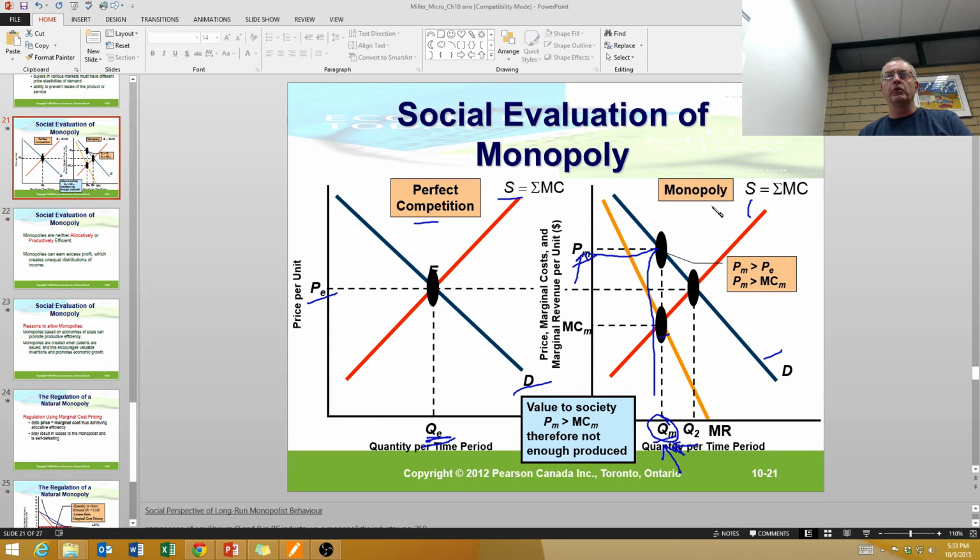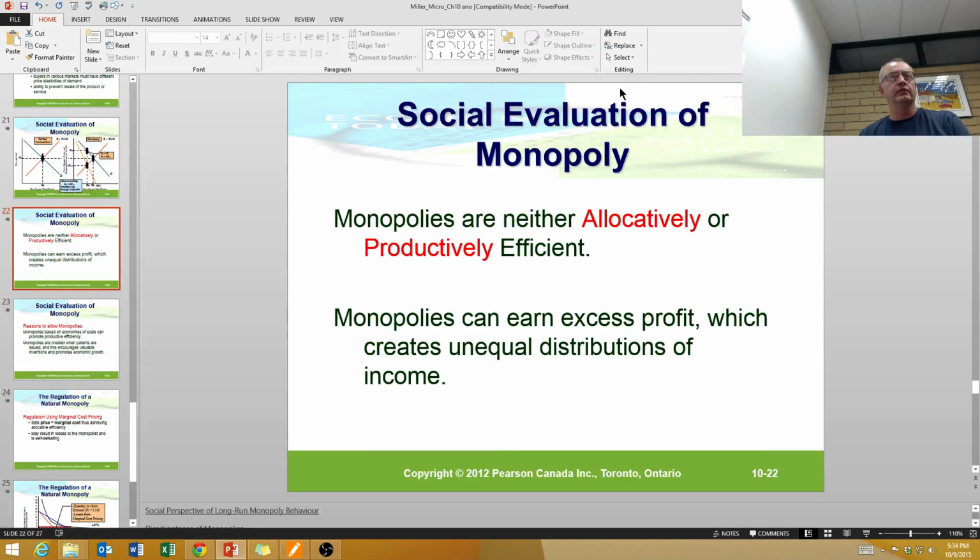And so in monopoly, we have a shortage of the product, and of course, the monopolist earns economic profits, whereas the firms in perfect competition break even. They don't earn any economic profits in the long run. So what does this mean? It means that monopolists are not allocatively efficient.